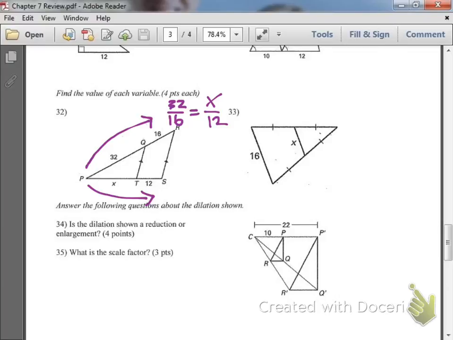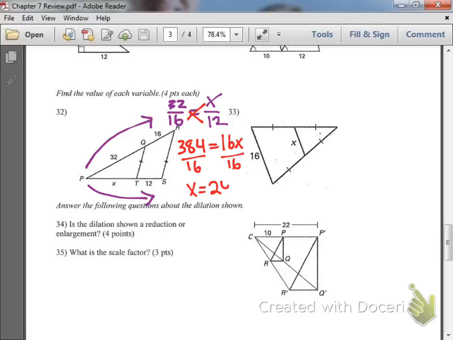All right, we can cross multiply. We have 32 times 12, 384, equals 16 times x, that's 16x. When you divide both sides by 16, what do you come up with for your x? 24.